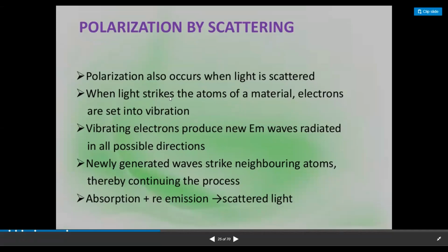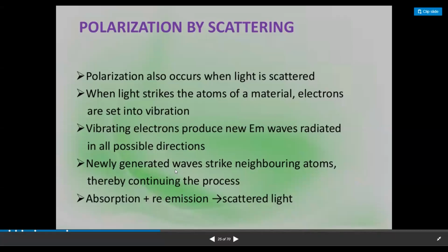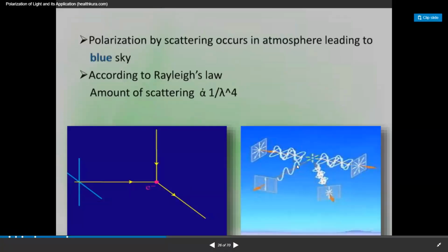So whenever light strikes the atom, the electrons start vibrating, and these electrons produce new electromagnetic waves in all possible directions. The newly generated waves strike the neighboring atoms, and by this continuing process, the output light is scattered light.